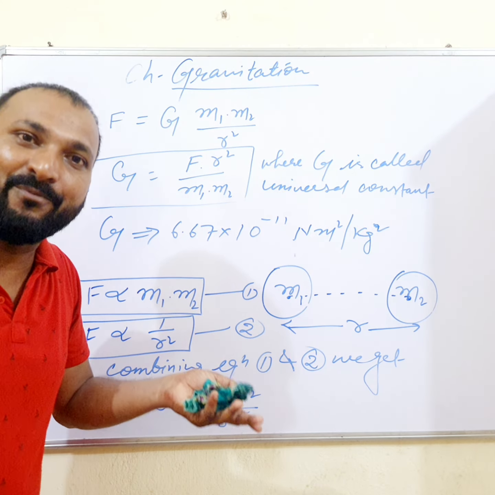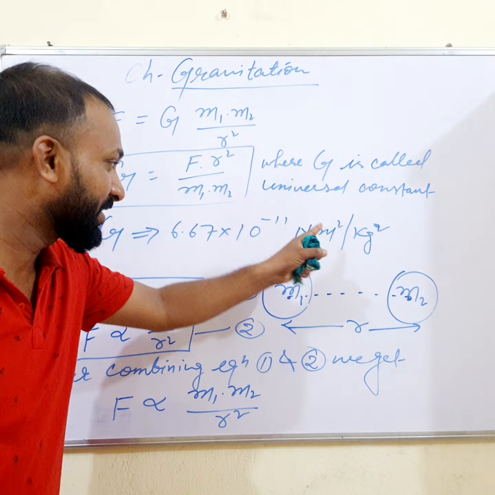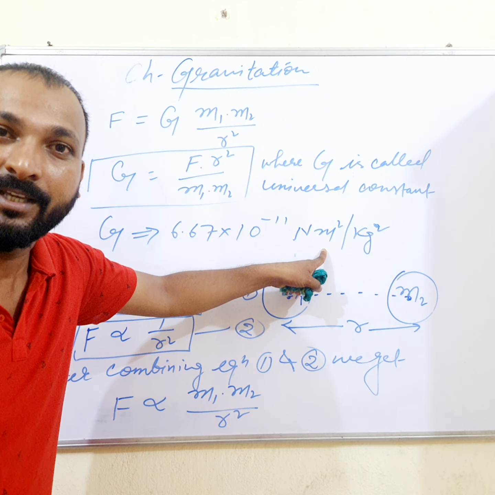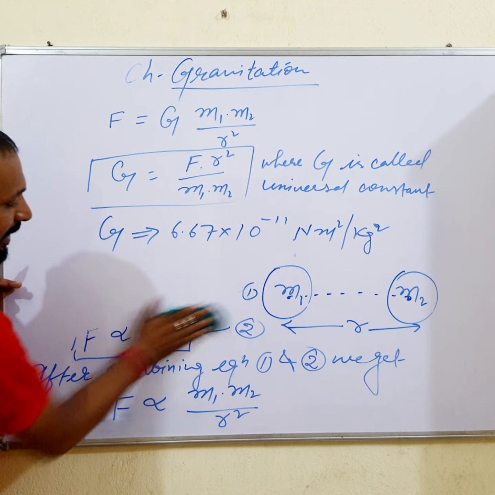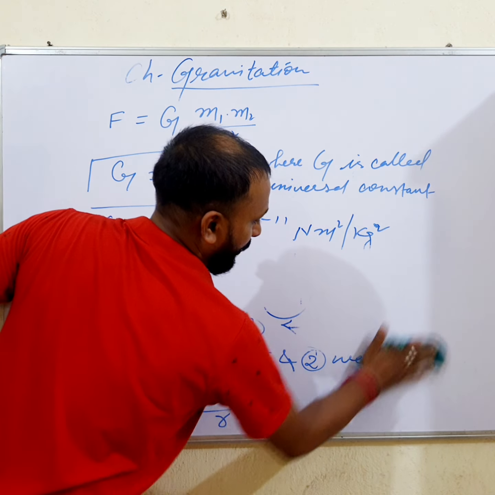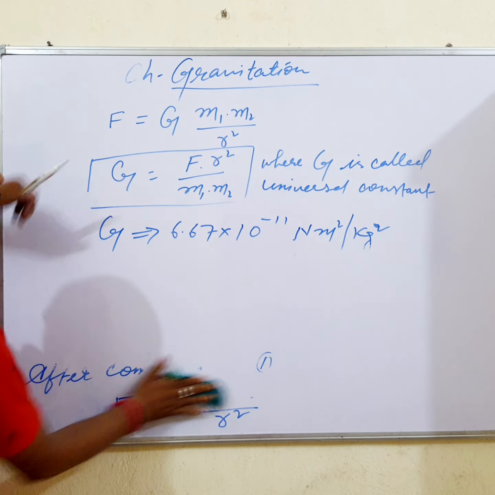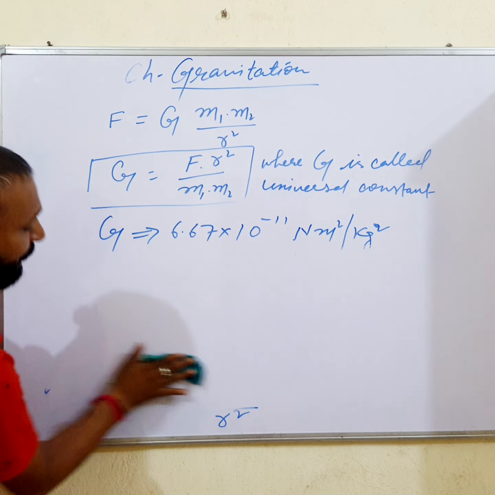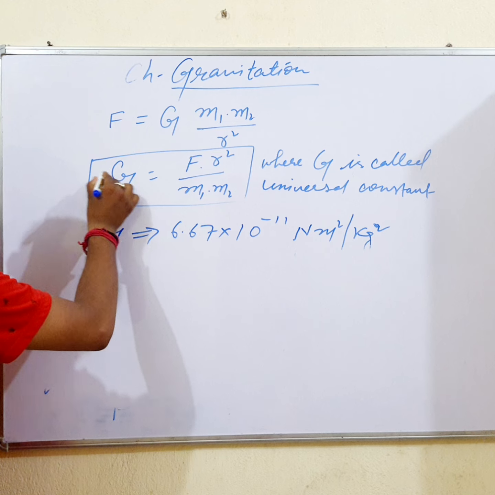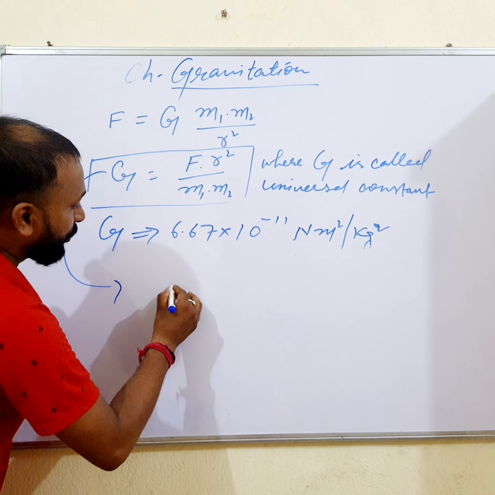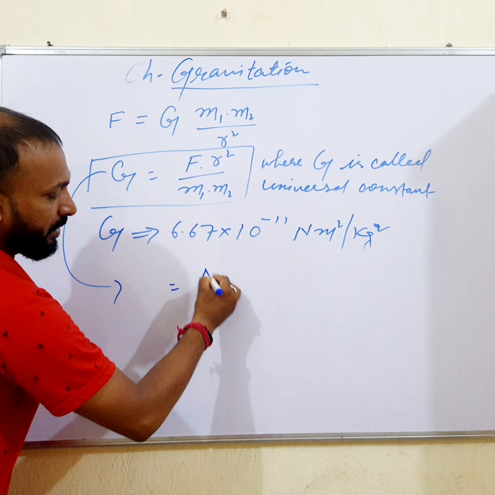But we can simply find this entire unit of capital G. As we found, G equals F r square upon m1 m2. So we can say that the unit of F will be Newton.